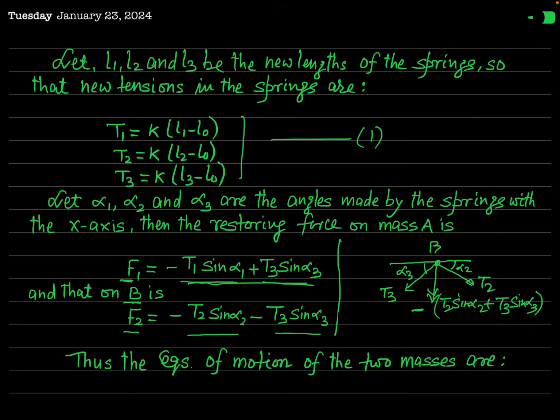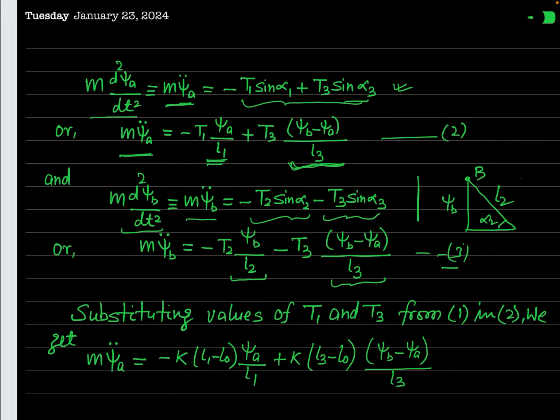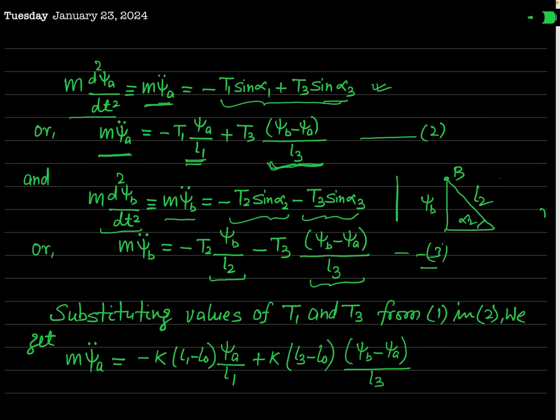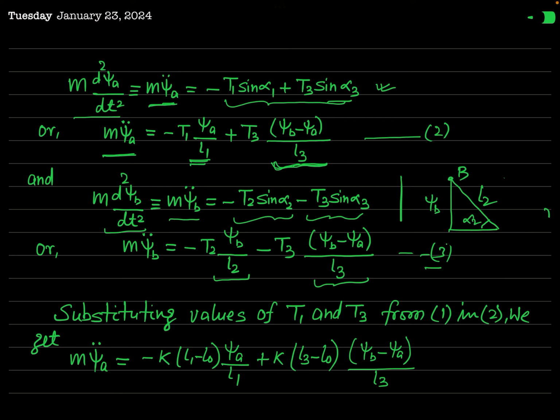But we have already calculated the values of the tensions T1, T2 and T3 earlier in equation 1. So now let us substitute the values of these tensions in our equations of motion 2 and 3. Let us put the values of T1 and T3 from equation 1 in equation 2. So now equation 2 will become m times psi A double dot equal to minus T1. But you have seen that T1 is equal to K times L1 minus L0.